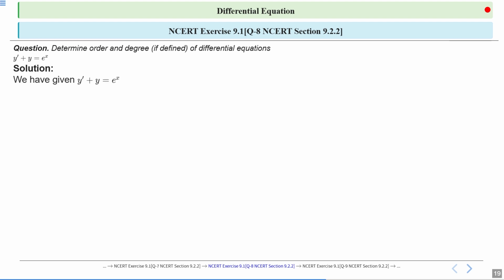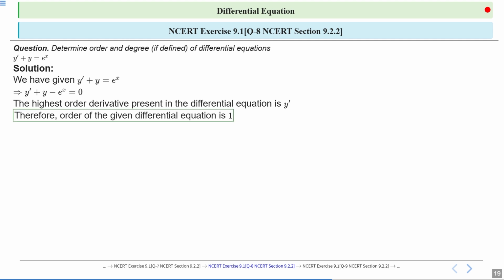We have given y' + y = eˣ. So y' + y − eˣ = 0. And the highest order derivative present in the differential equation is y'. Therefore, the order of the given differential equation is 1.